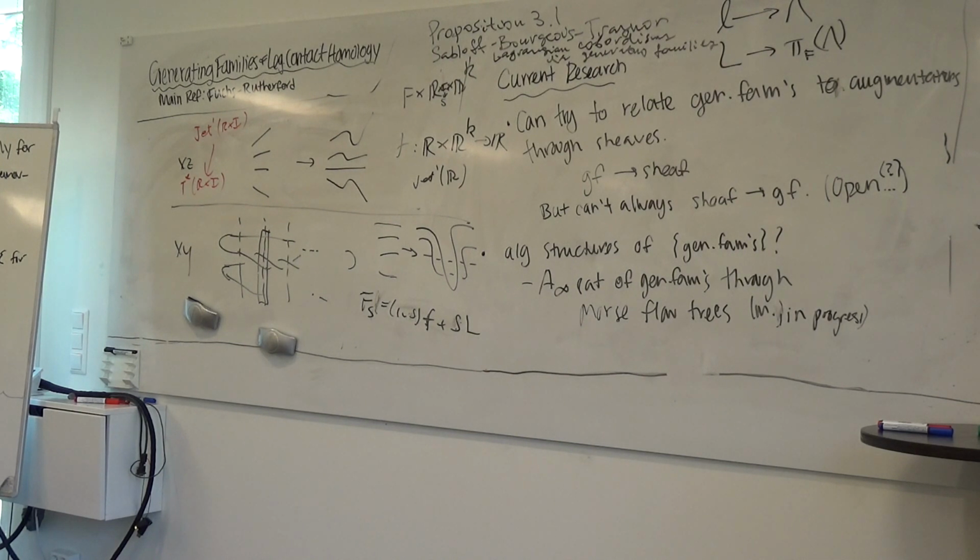Short answer is no. That's precisely the stuff that gets killed, and we don't know how to get it back. It's too related to uniqueness. We could have another generating family with another pseudo-isotopy at the moment.